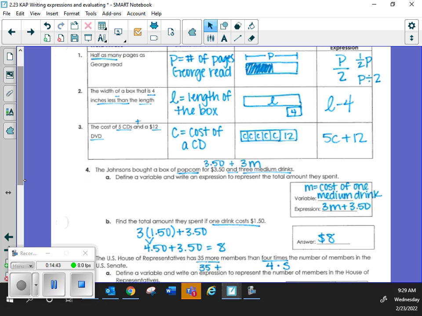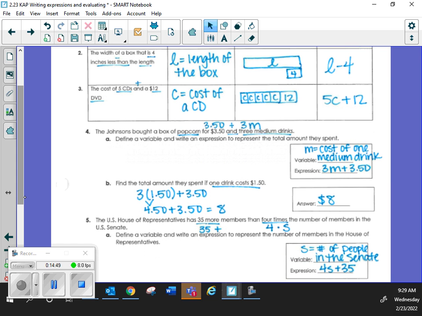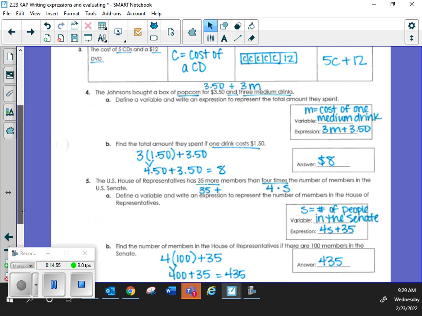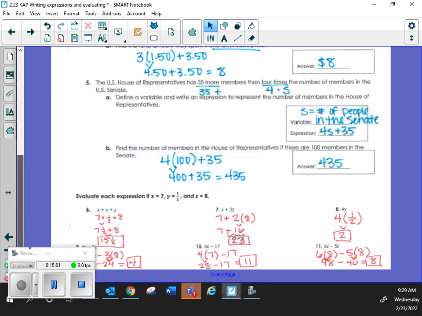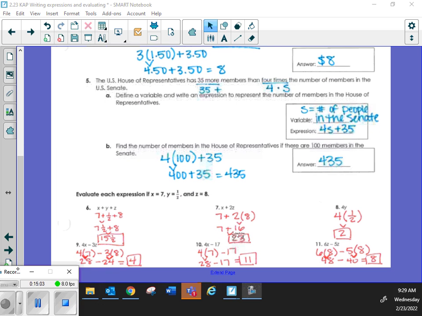Okay, scrolling. Okay, let me know if there's any mistakes. I might have made an oopsie. Do y'all disagree with any of them?